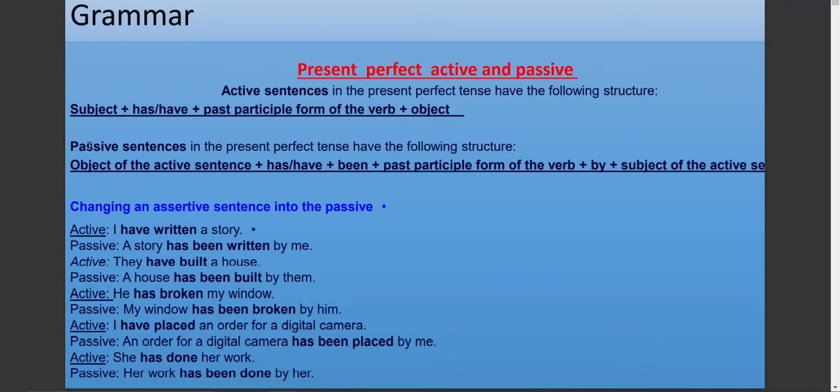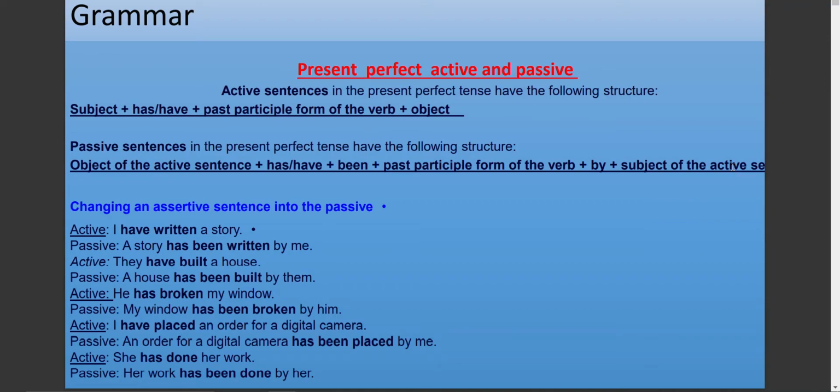Passive sentences الجمل المبنية المجهول in the present perfect في المضارع التام have the following structure. Object of the active sentence مفعول به للجملة المعلومة has, have plus been plus past participle التصريف الثالث للفعل and then by, خلي by هاي نضيفها, plus subject of the active sentence فاعل الجملة المبنية المعلومة.